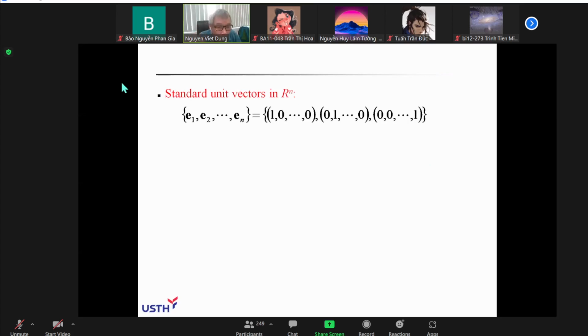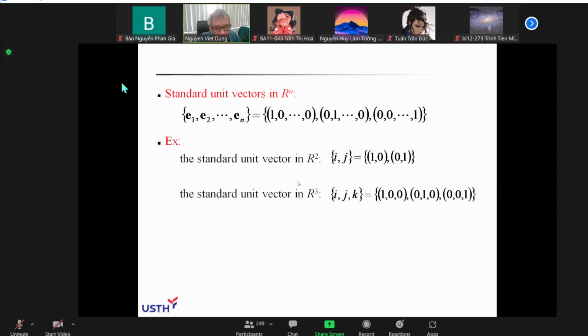It is also very easy to verify that all of those vectors have length 1, so we call them the standard unit vectors in n-space Rn. In the case of 2 or 3 dimensions, on the plane or in 3-dimensional space, the standard unit vectors are usually denoted by i, j, or i, j, and k.